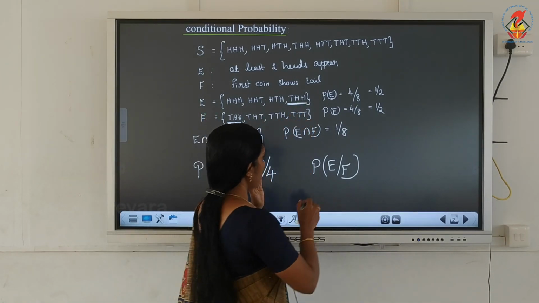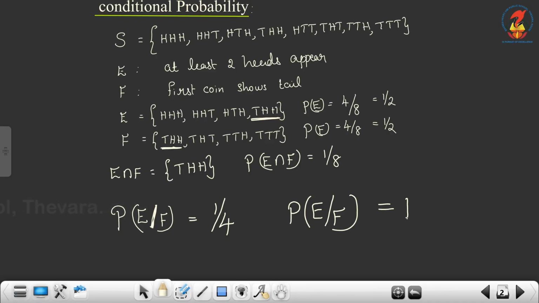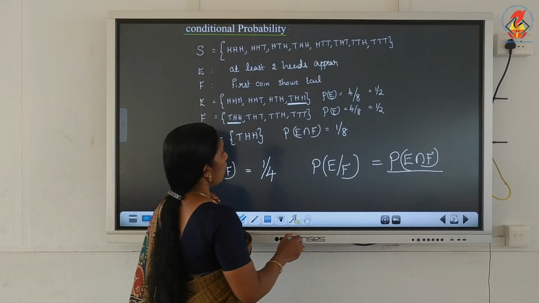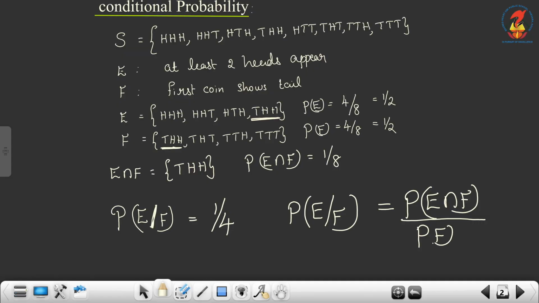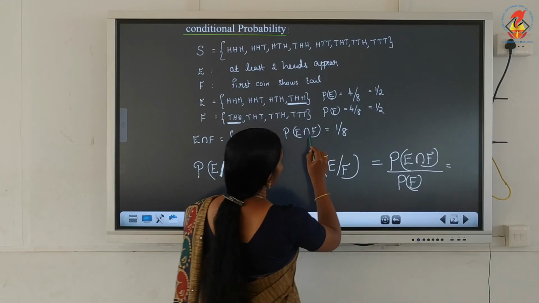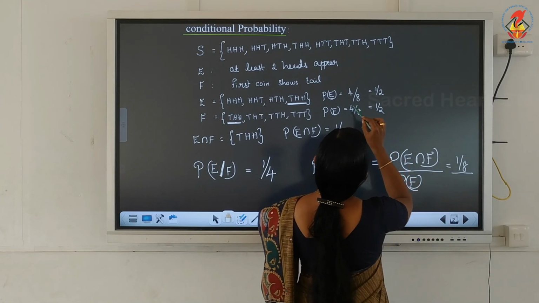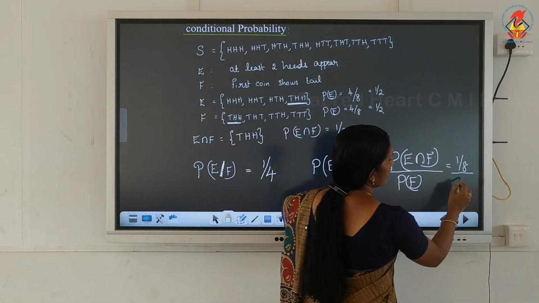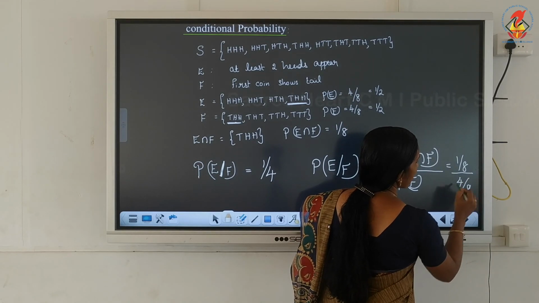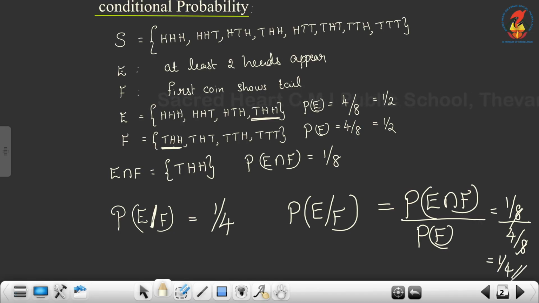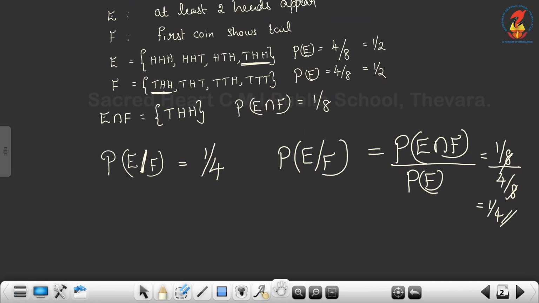So we can write P of E given F as P of E intersection F by P of F. Is it true? P of E intersection F is 1 by 8. P of F is 4 by 8. 8 and 8 cancel, it is 1 by 4 itself. Okay. So the conditional probability.